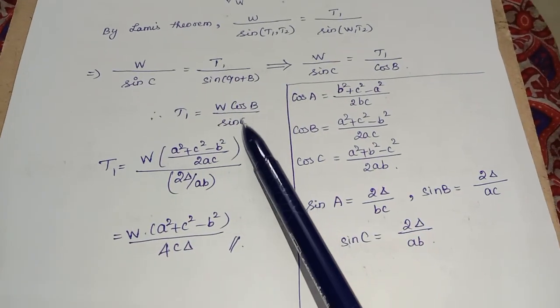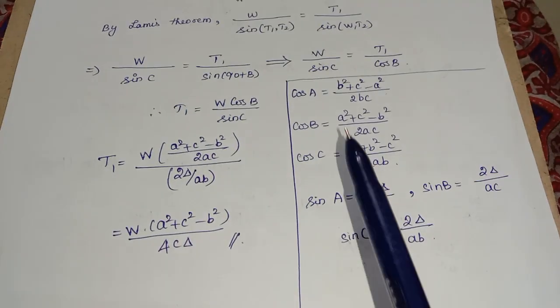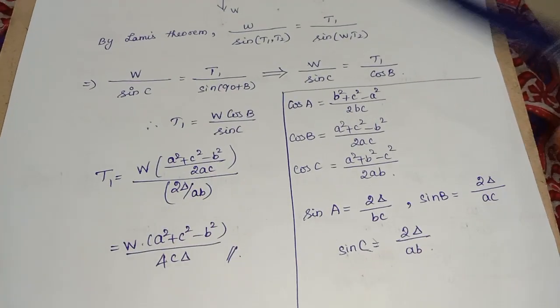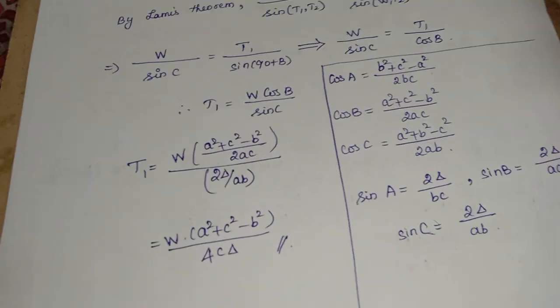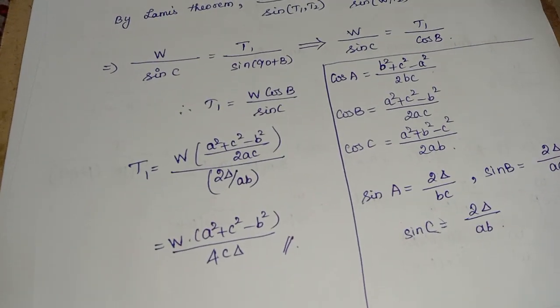So instead of cos B and sin C, I am going to make use of these results. So what do I get? T1 equal to W into A square plus C square minus B square by 4C delta. Okay, right. Then next problem.